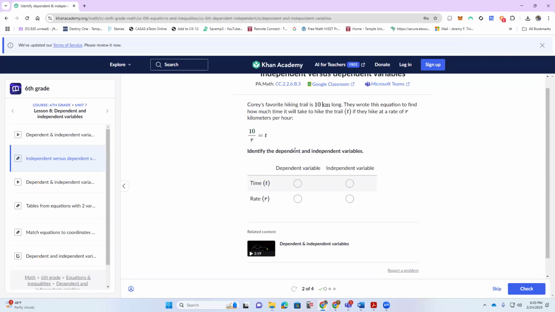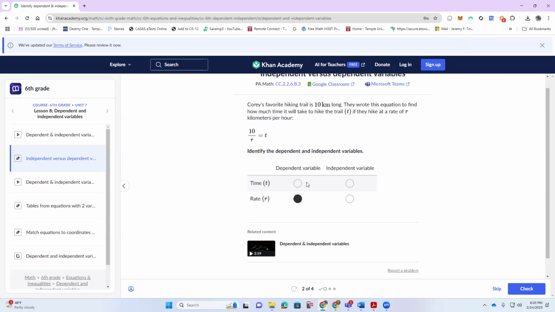Let me see. Give me a second. R is the dependent. R is dependent?